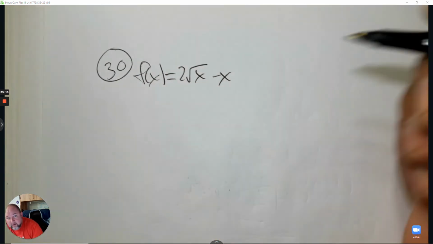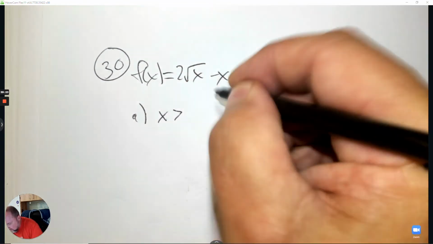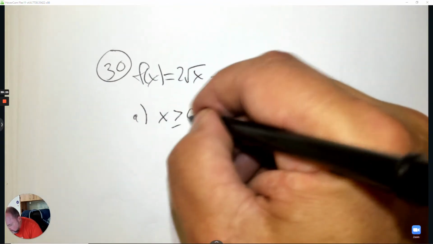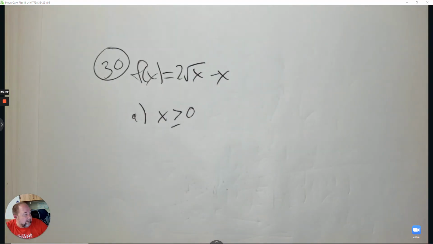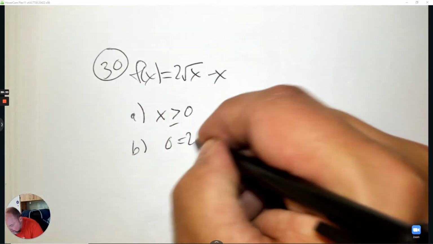Number 30. No calculator. What's the domain of this? Well, x has to be greater than or equal to 0. B, what are the x-intercepts?